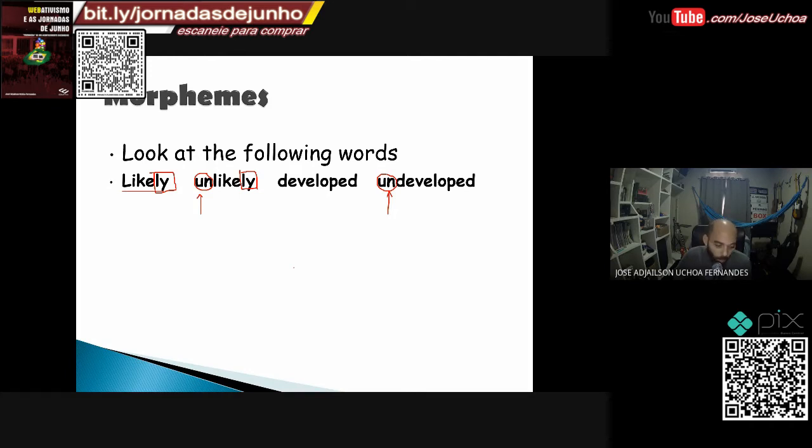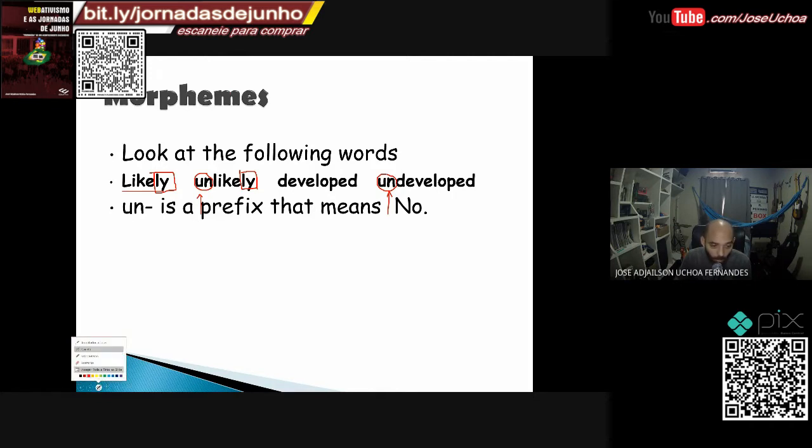Someone you cannot forget, someone or something you cannot believe, and so on. So un, as it may have proved, is a prefix that means no or not, depending on the grammatical context.